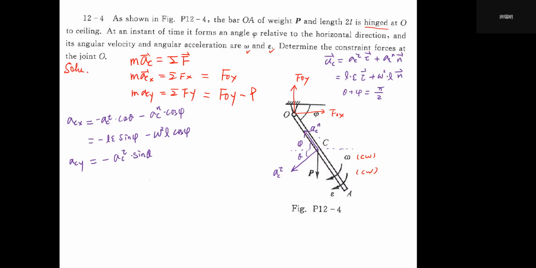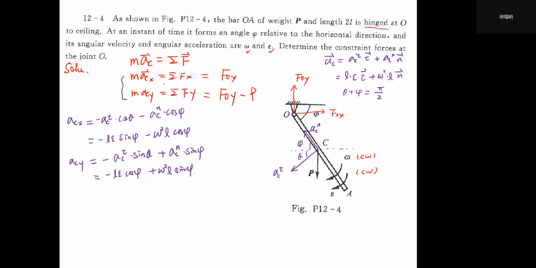And we also have ACN times sine phi, but this time the projection onto the y-axis is along the positive direction, so we should plus, not minus, ACN sine phi. Once again, replacing ACT with L epsilon, sine theta is cosine phi, and ACN equals omega squared L, with sine phi. See? From this method, we find ACX and ACY.